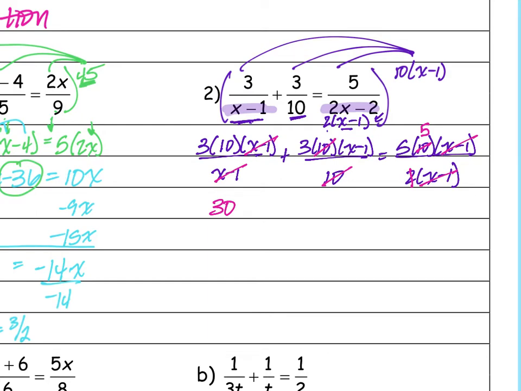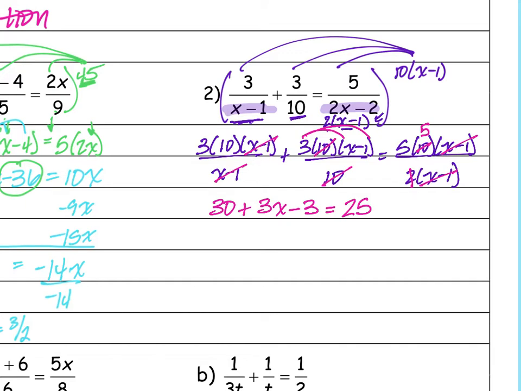So I've got 30. And then I'm going to distribute the 3. 3 times x is 3x, and 3 times negative 1 is negative 3. And that equals 25, 5 times 5. Any questions? So that big ugly thing simplified to that. Nice, right?